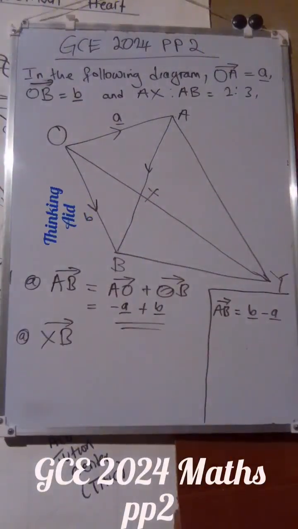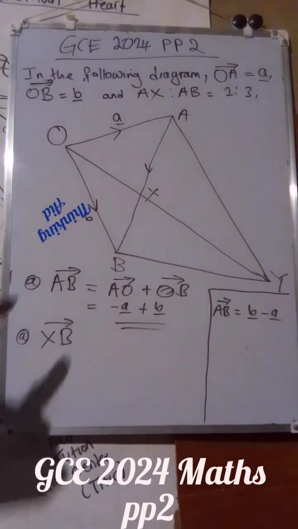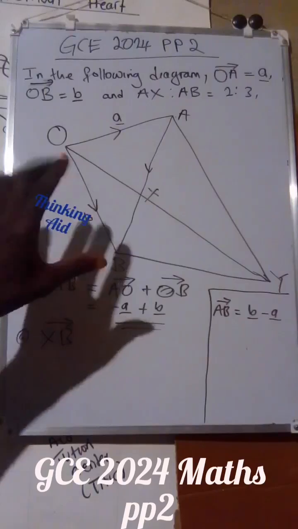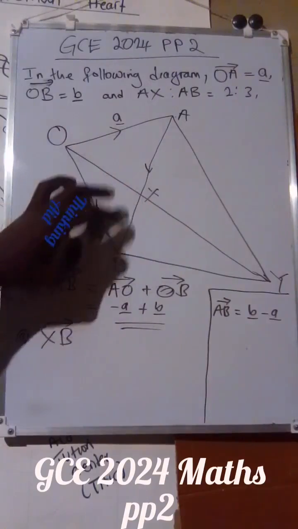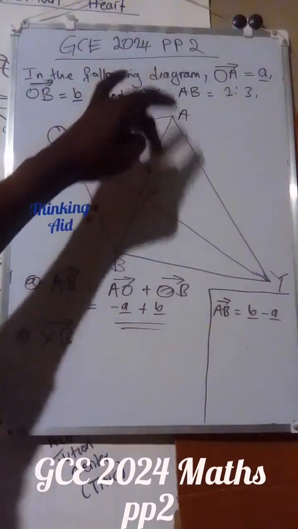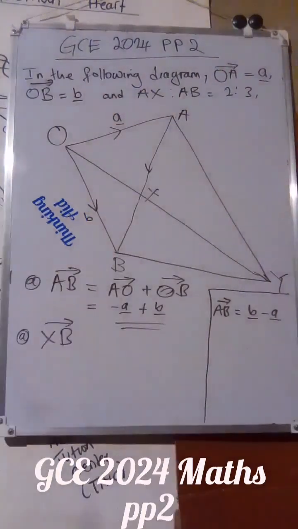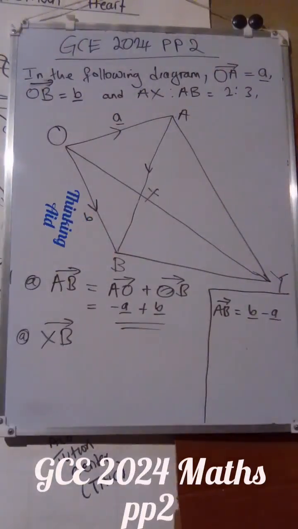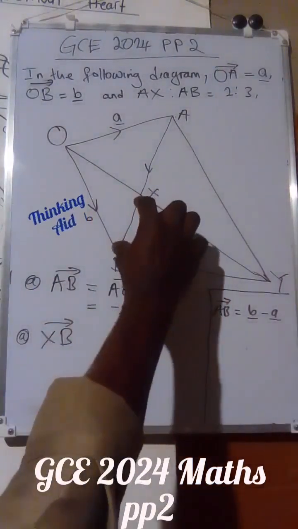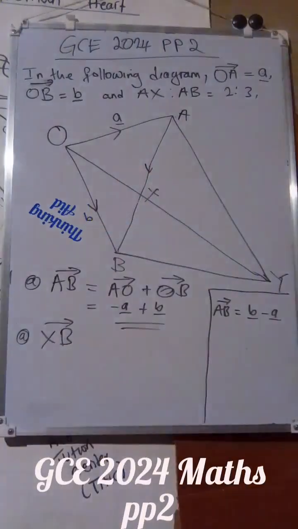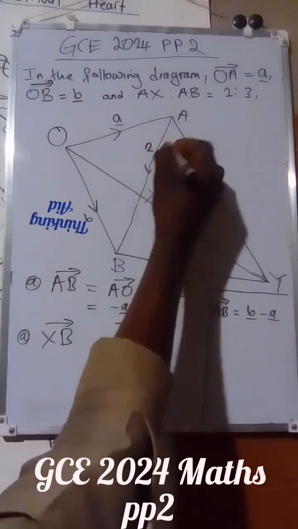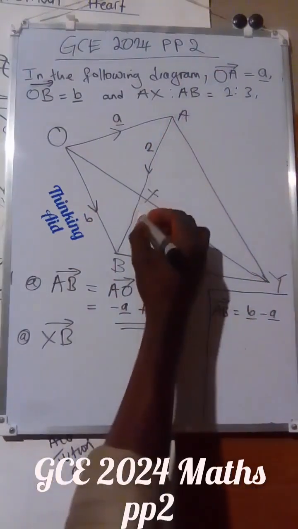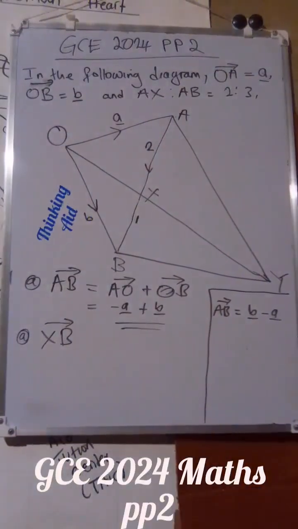Now one thing we are going to realize is that the vector from X to B is in a ratio with X to A. So let's find the ratio of X to B, because this is expressed in the form of the whole vector. According to the question, the number here is 2 and the number here is 1. How have we found 1?